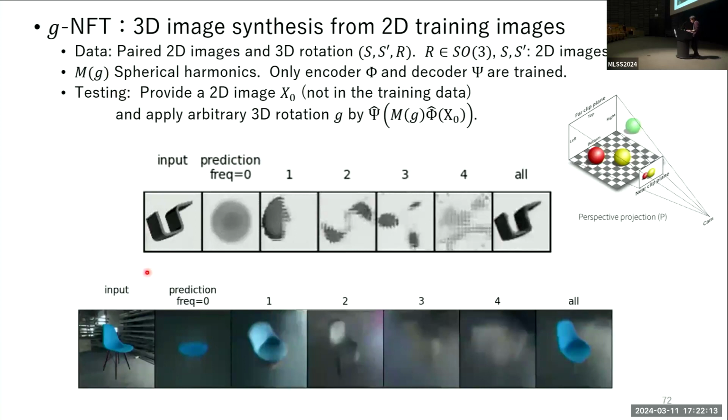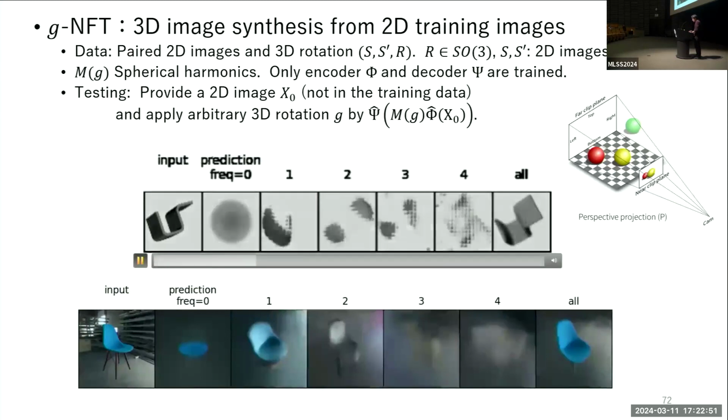And you can see that after training, we take a single two-dimensional test image, which is not included in the training images, and apply this trained encoder and decoder to rotate the object at an arbitrary angle in three-dimensional space.